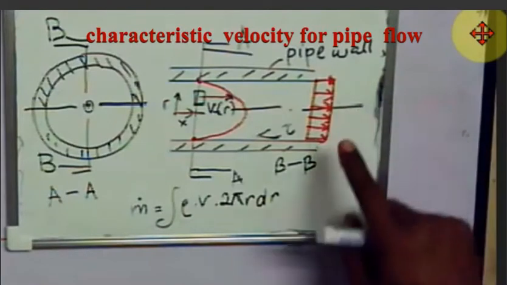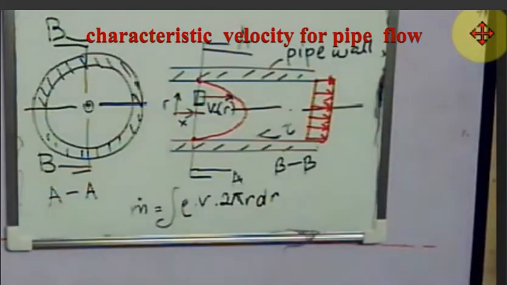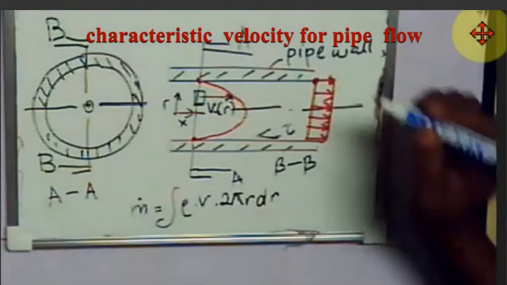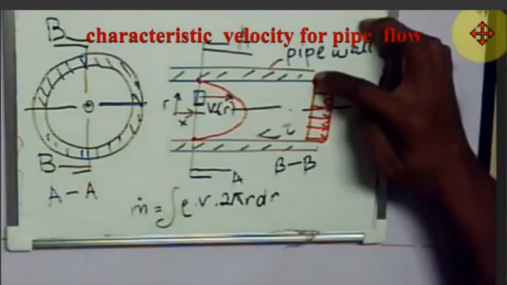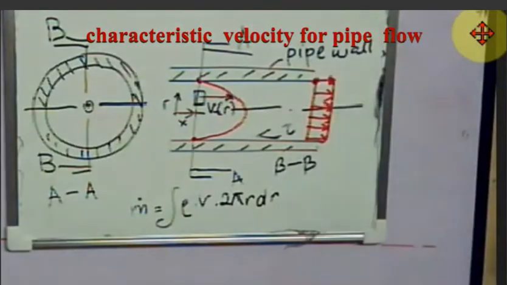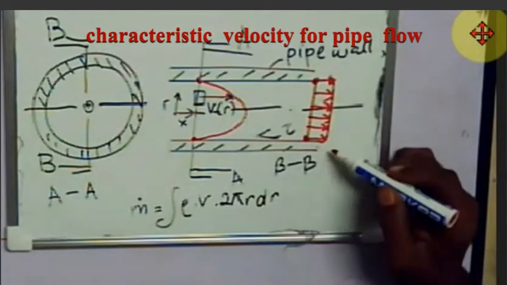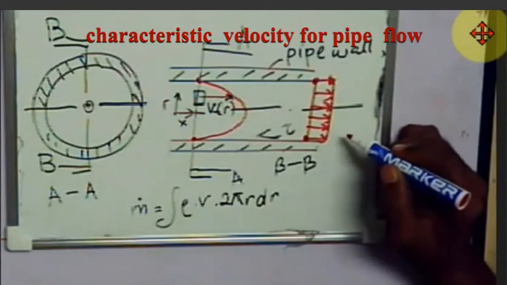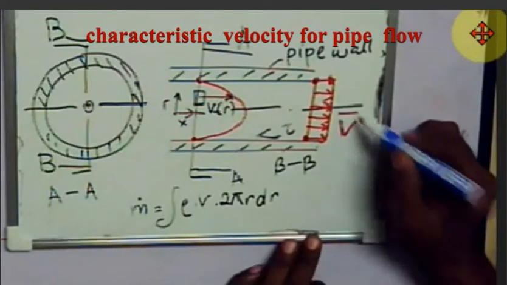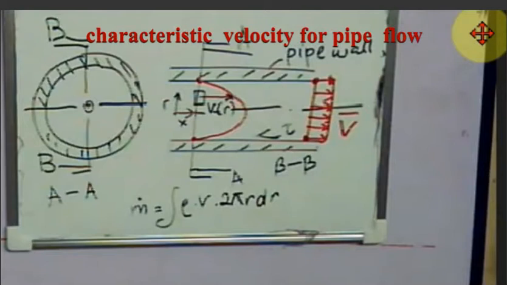So we say that the velocity at the wall has an average value, right? The velocity here and here at the wall is the same, and that velocity will be the average velocity.